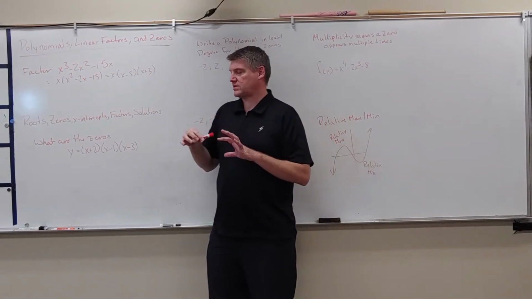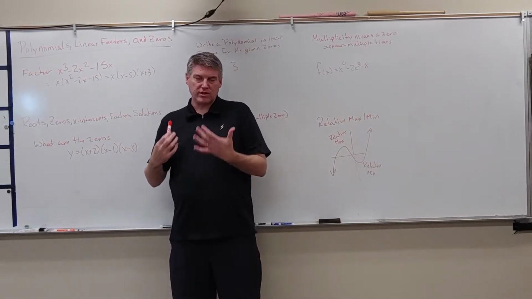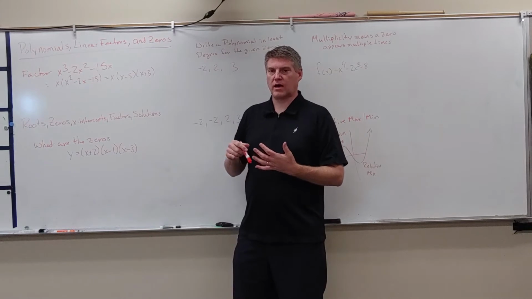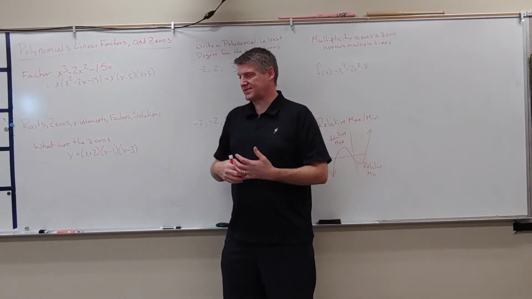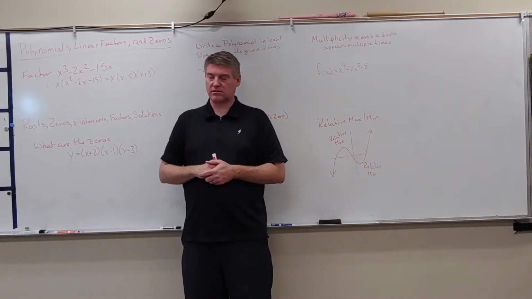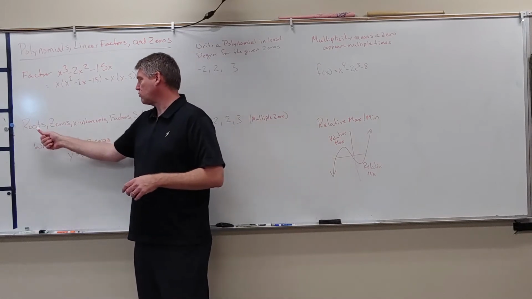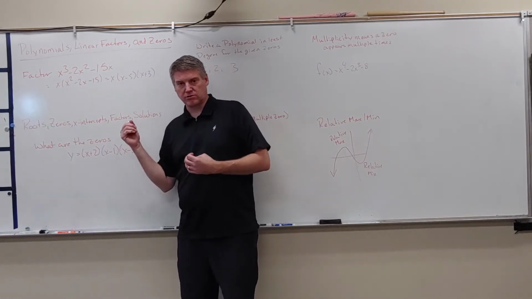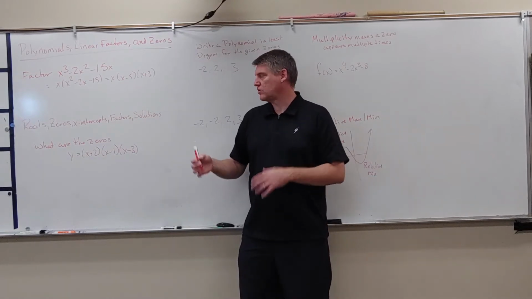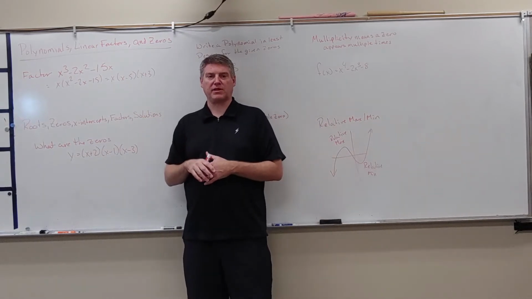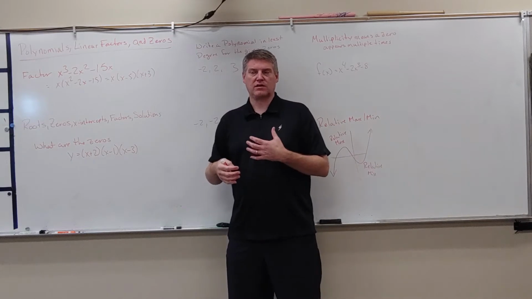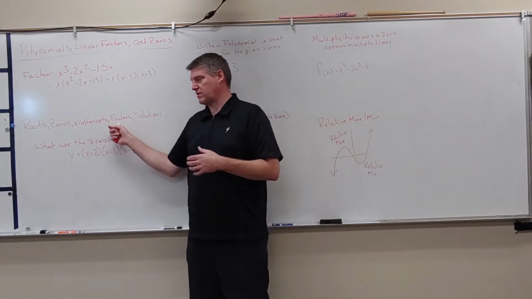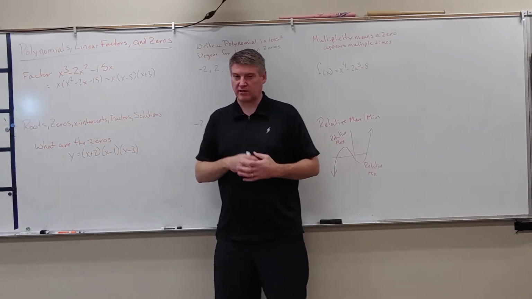There are really 5 terms that all interrelate: roots, zeros, x-intercepts, factors, and solutions. A lot of times they're used interchangeably, but different terminology is used for what you're specifically looking for.